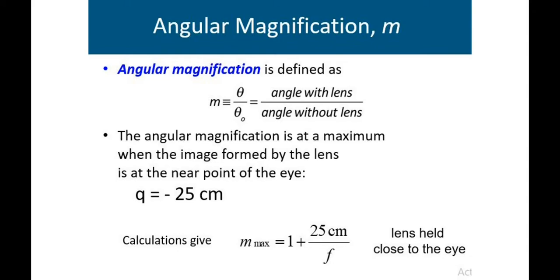Angular magnification is a maximum when the image formed by the lens is at the near point of the eye. So the maximum magnification is 25 centimeters divided by the focal length of this magnifier, plus 1.